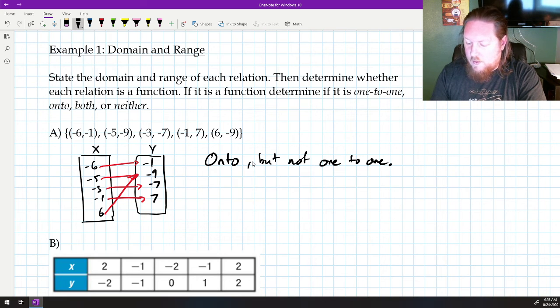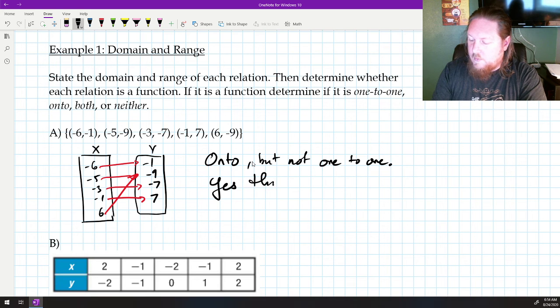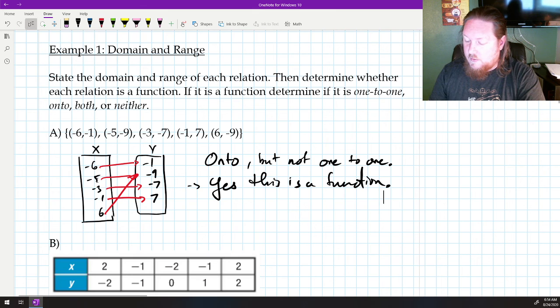Oh, and for each input, there's exactly one output. Yes. This is a function. I probably should have started with this line, because if it's not a function, then it can't be onto.